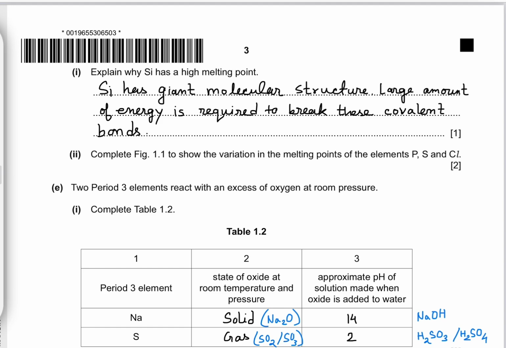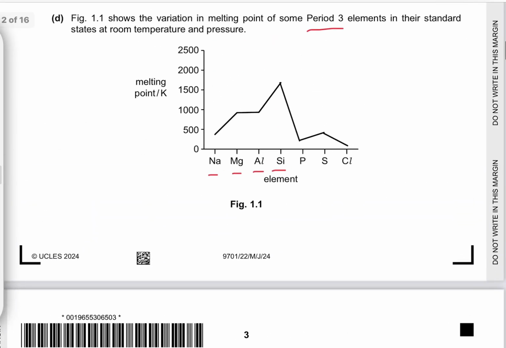2. Complete figure 1.1 to show the variation in the melting point of the elements phosphorus, sulfur and chlorine. Let's get back to the figure. So here we have to draw the melting point for phosphorus, sulfur and chlorine, which are non-metals.